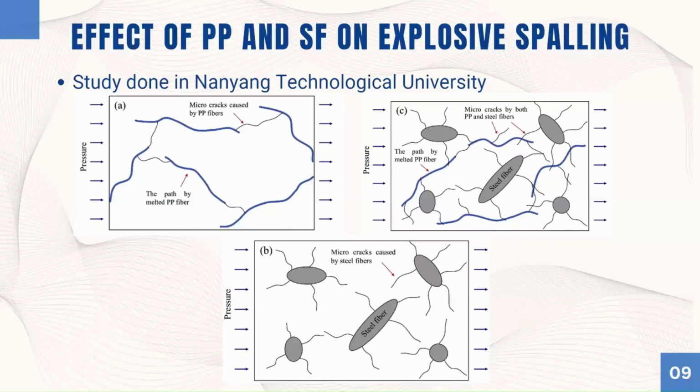When they do so, the vapor pressure caused by the water inside the concrete evaporating away and causing internal stress starts to dissipate through these channels presented by the polypropylene fibers. When this pressure escapes out of the concrete, it eliminates the risk of explosive spalling.